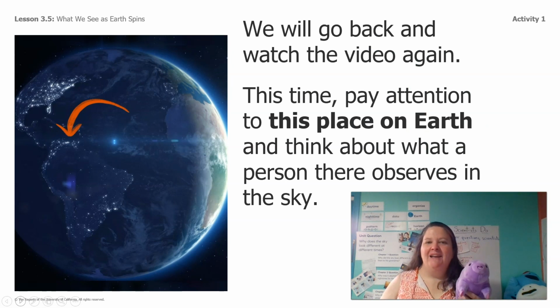We're going to go back and watch the video one more time, and this time I want you to pay really close attention to this place on Earth where I have my arrow, okay? And think about a person who is standing in that space. What do you think they observe when they look in the sky? So you're going to imagine what it would be like if you were in that place on Earth.